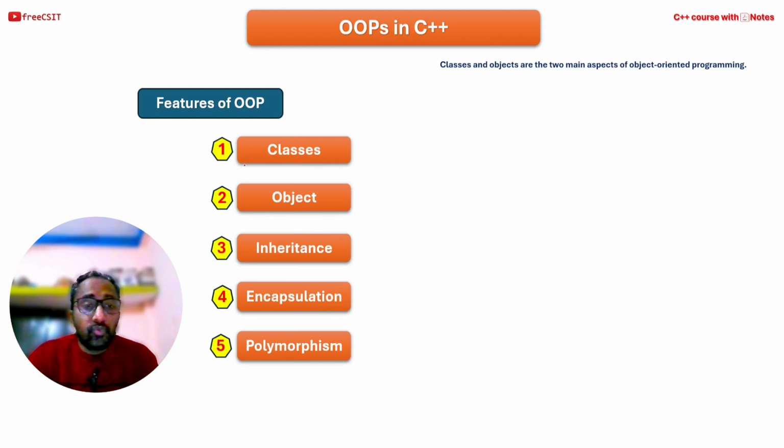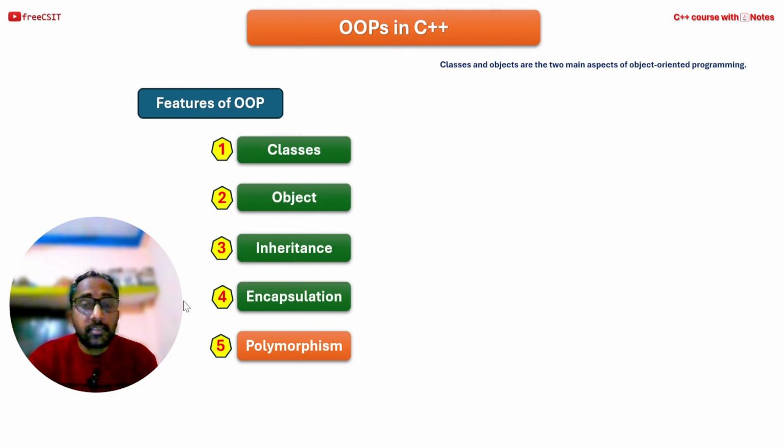If you see, we have these features of object-oriented programming. We have completed classes, objects, inheritance, and encapsulation.